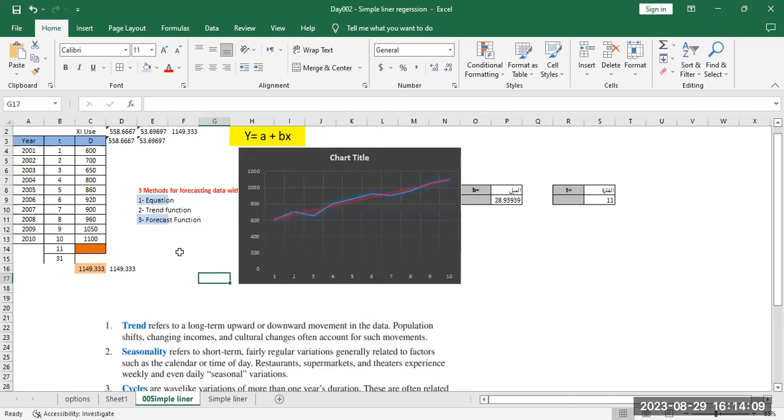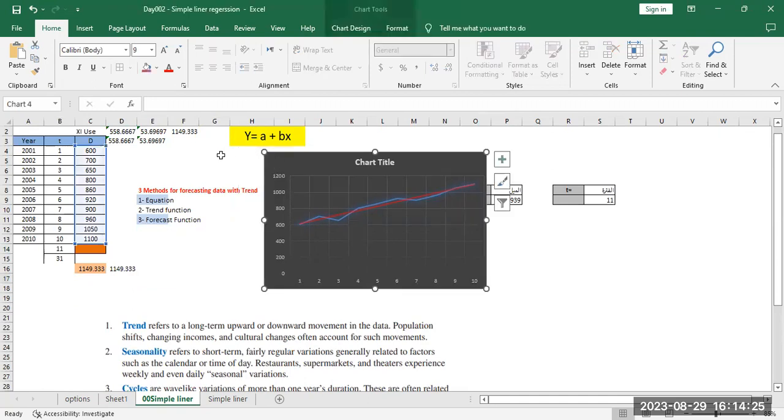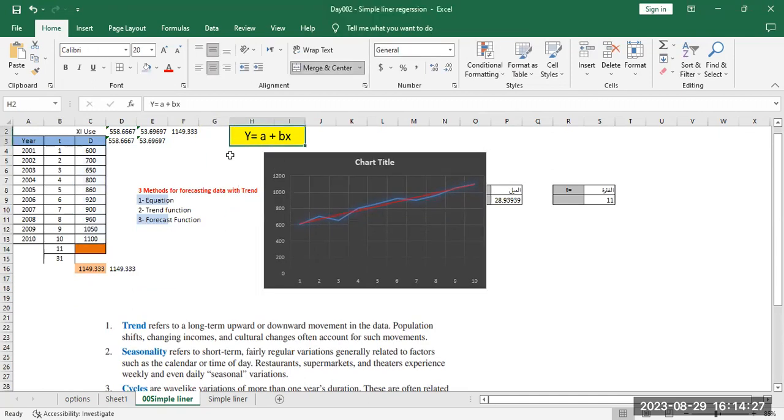In this case, how can we predict for the next period, or a future period? We have three options. One of them is using this equation, which is y or F, the forecast for 2011, equals a plus b times x.